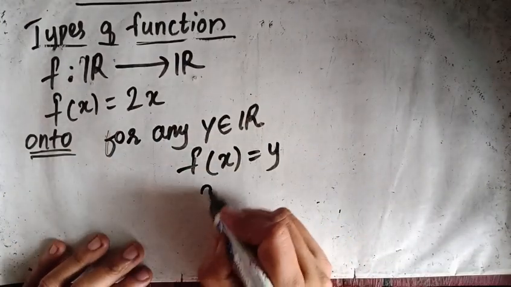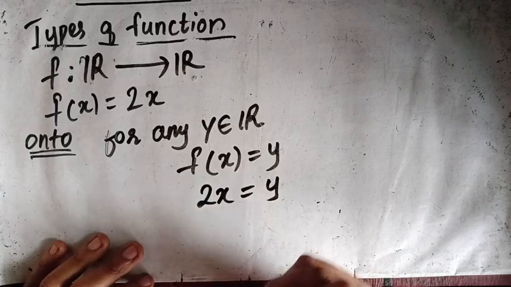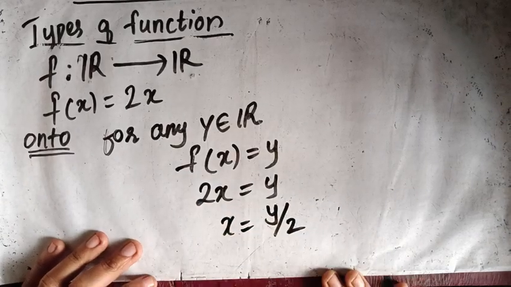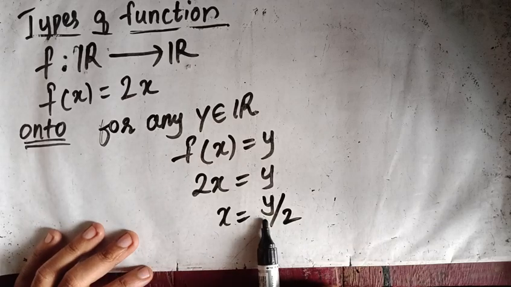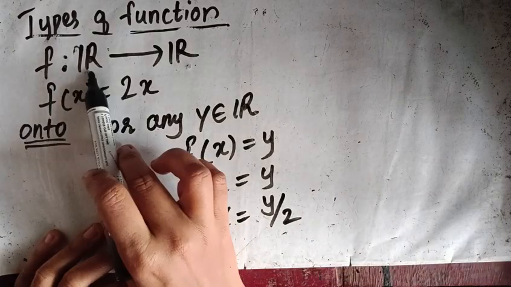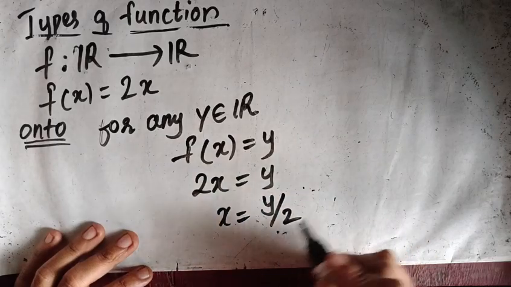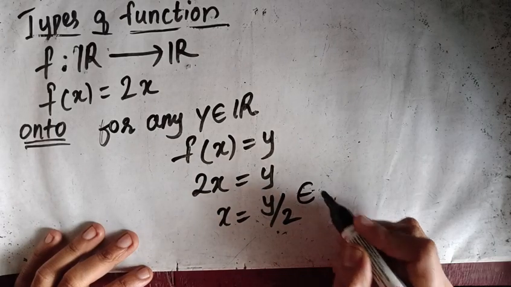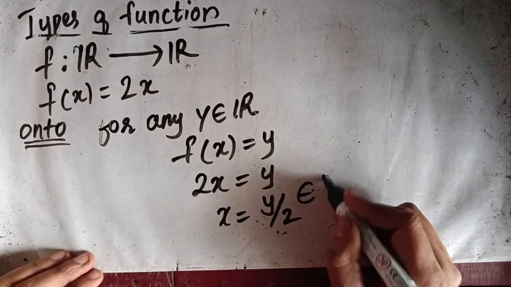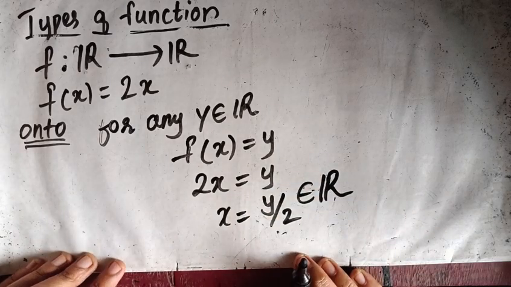What is our f of x? 2x is equal to y. So x is y by 2. Now this element is there in R. Is it possible? Yes, it is there. All the rational numbers, integers, all are there in R.